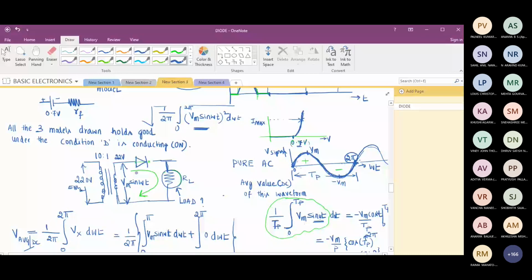In the negative half cycle. The voltage across the secondary is minus plus, terminal A is negative with respect to B. Am I correct? And we get a voltage something like this.